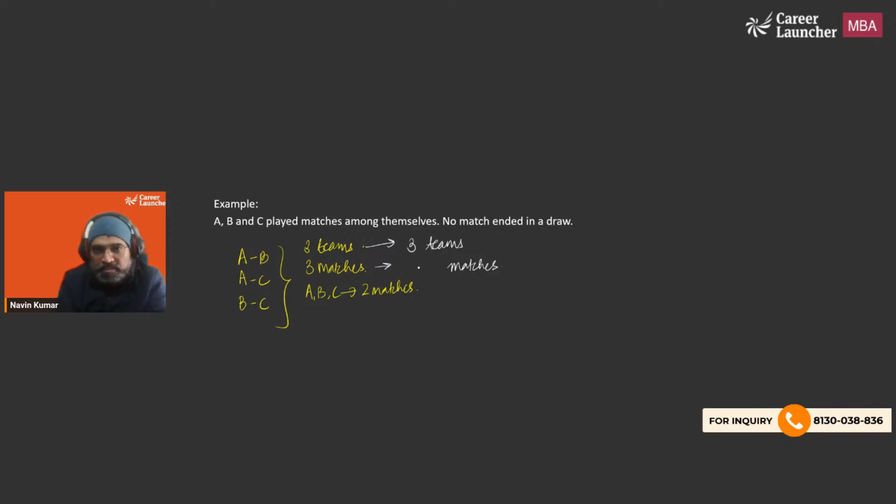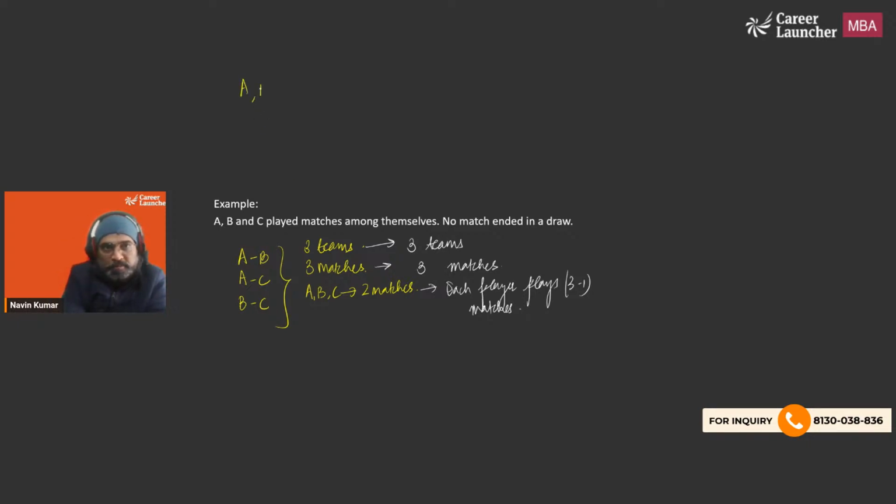If there are 3 teams, there were 3 matches that were played, and here we can say that each player plays 3 minus 1 matches. Okay, let's take another example to understand this better.